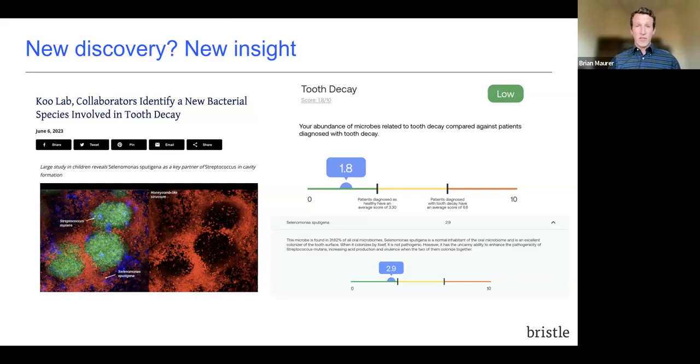Once we saw this discovery and were able to validate it, our team could very easily add that into our tooth decay score. And we now include that in every future Bristle report. So as new discoveries are made, we're able to learn quickly and give you those insights that you can then use in your care and deliver to patients.